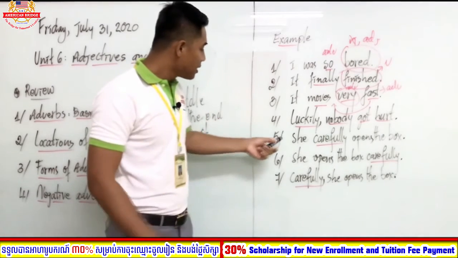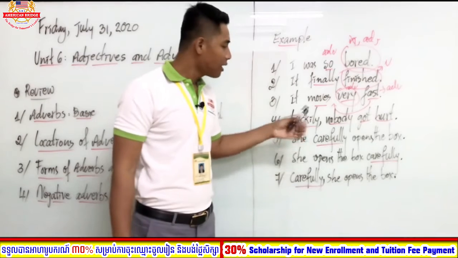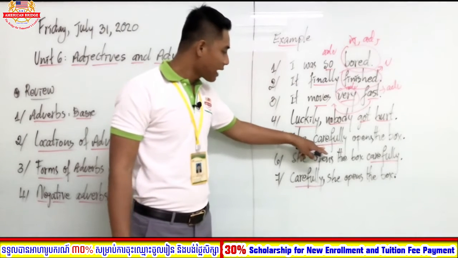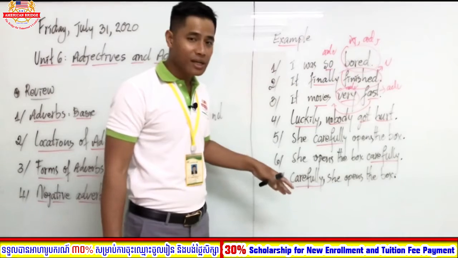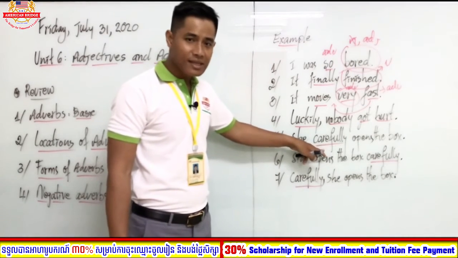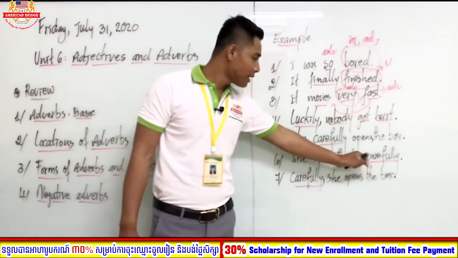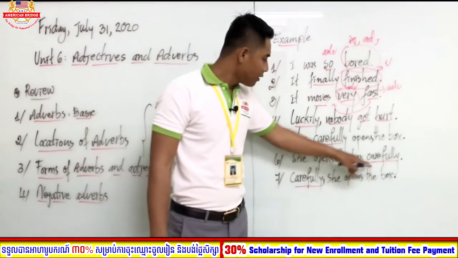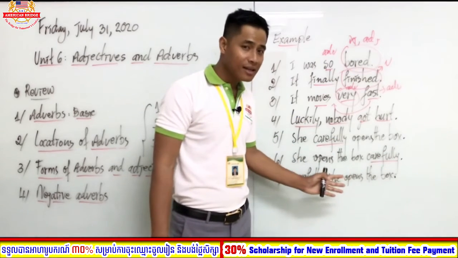Number 5, she carefully opened the box. Carefully is an adverb, right? Look at its location: it is in the middle of the sentence. Number 6, she opened the box carefully. Look at carefully here: it's at the end of the sentence.